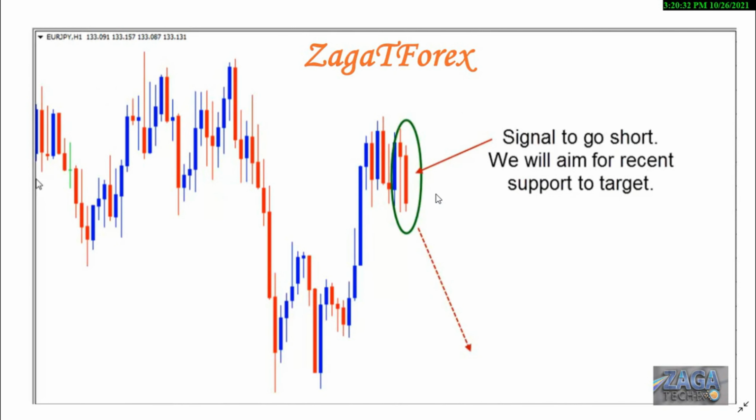So let me show you guys how support can be used as a target of a short trade. Now this is a signal to go short, guys. This is a recent support of a recent swing, or recent support area, and this should be your target. This one should be your target, and this one should be your target.